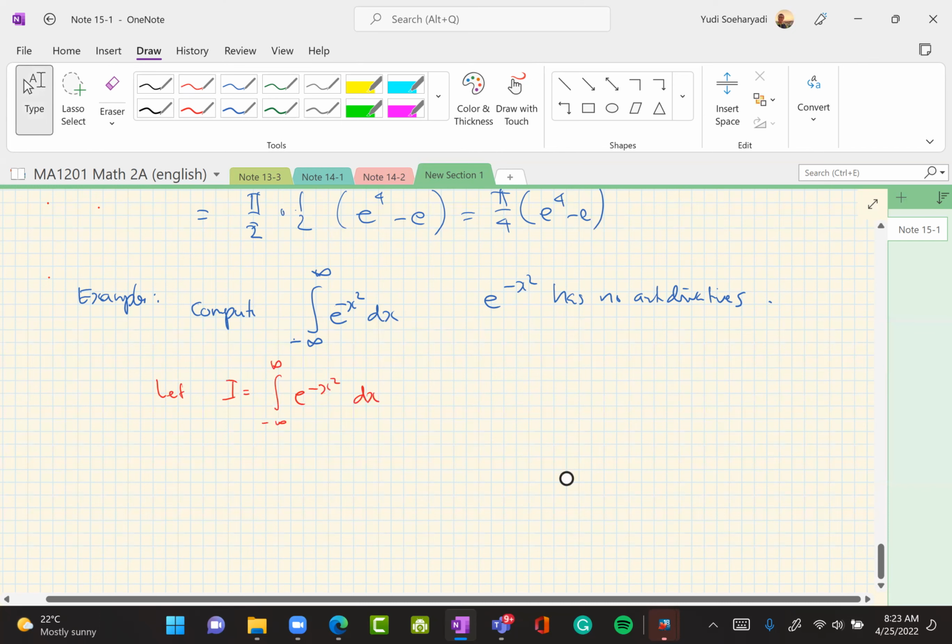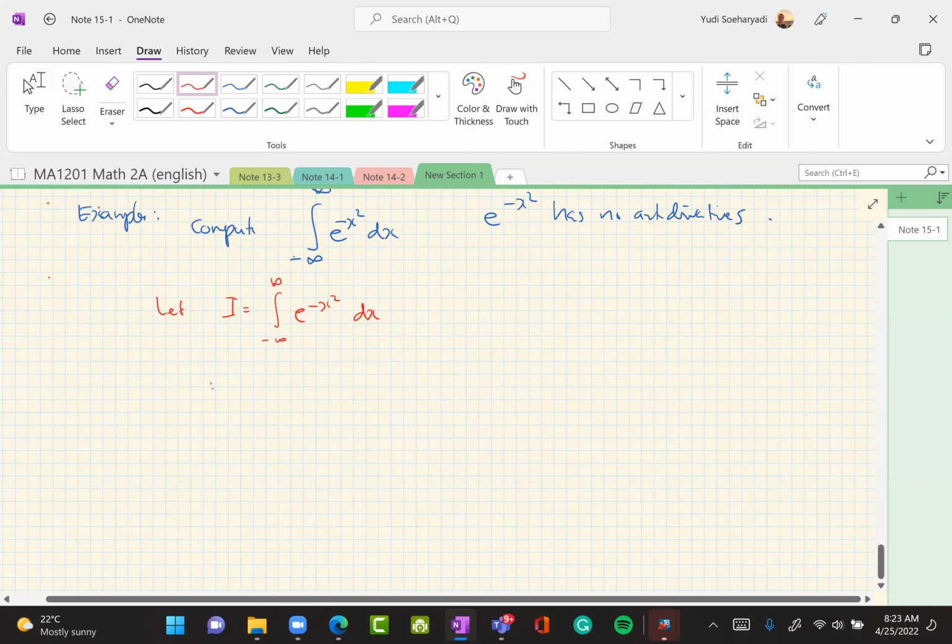Okay. So what is I squared? I squared is this one times this one, still the same, right? Because the variable is a dummy variable anyway.